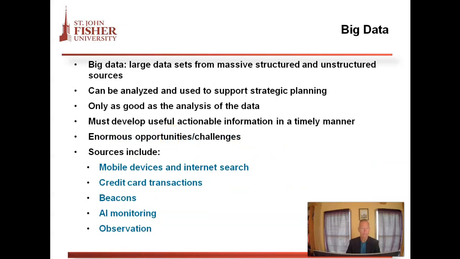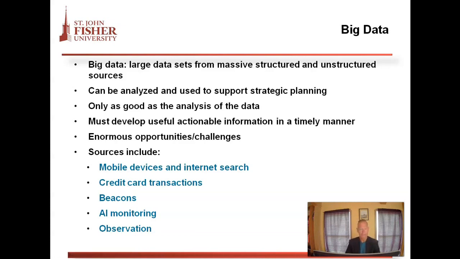So big data comes from things like your Wegmans Shoppers Club, or from buying from Amazon, or anytime you hit a website, they're dropping cookies into your browser and they're collecting information on you. They can be analyzed to support strategic and marketing planning, but it takes a lot of work for marketing analytics.